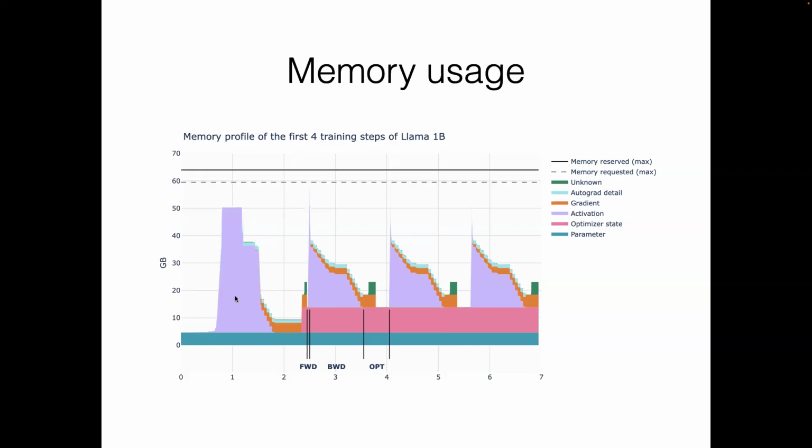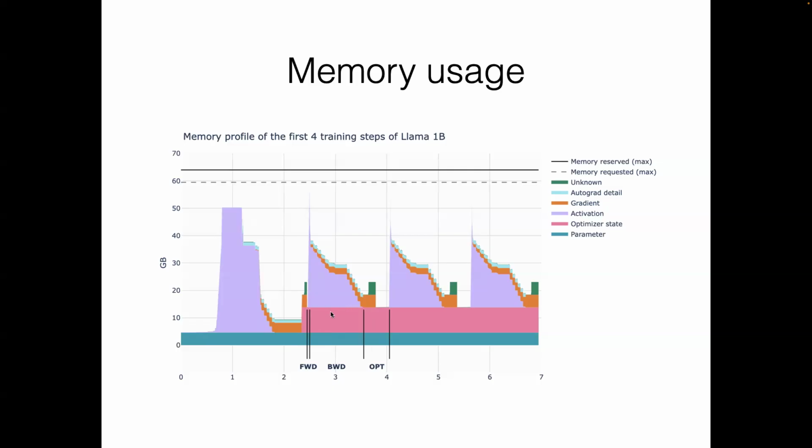For instance, purple is the activations. Here we're doing some forward pass, then a backward pass, and then an optimization step. In orange is the gradients, which I think are for the different parts of the model.